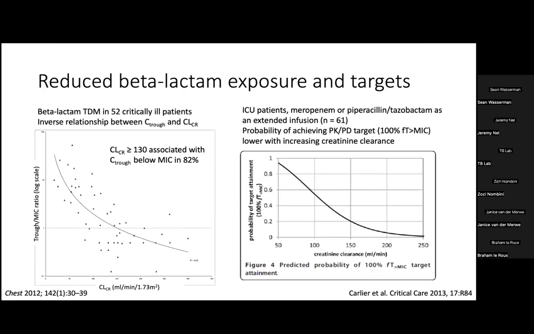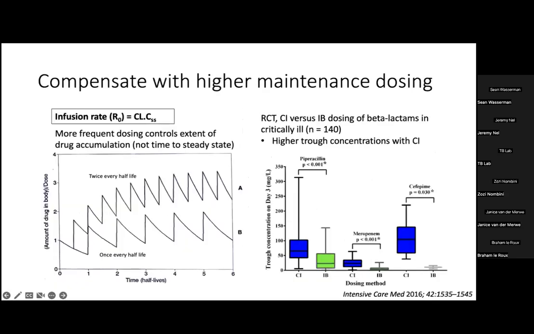On the right is just another example showing, in a different way, that among ICU patients who got meropenem or piptaz as an extended infusion, the probability of achieving the PK/PD target, which in this case for beta-lactams was assumed to be 100% of free time over MIC, was lower as creatinine clearance went up. So on the y-axis is the probability of achieving this target, the x-axis is creatinine clearance, an inverse relationship.